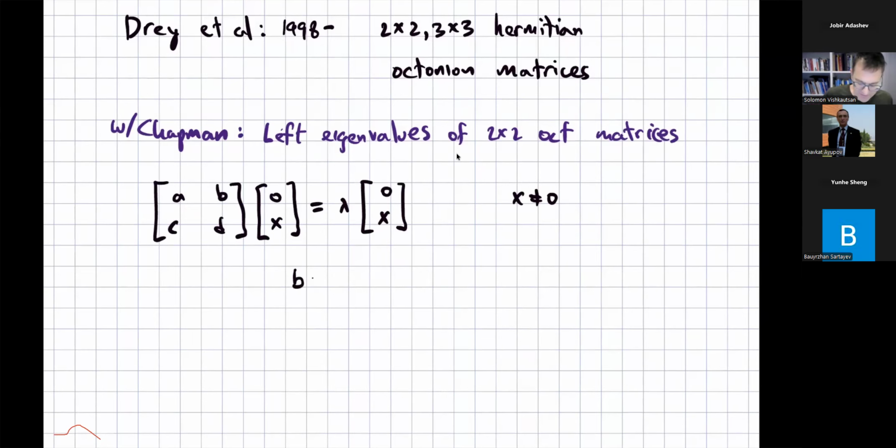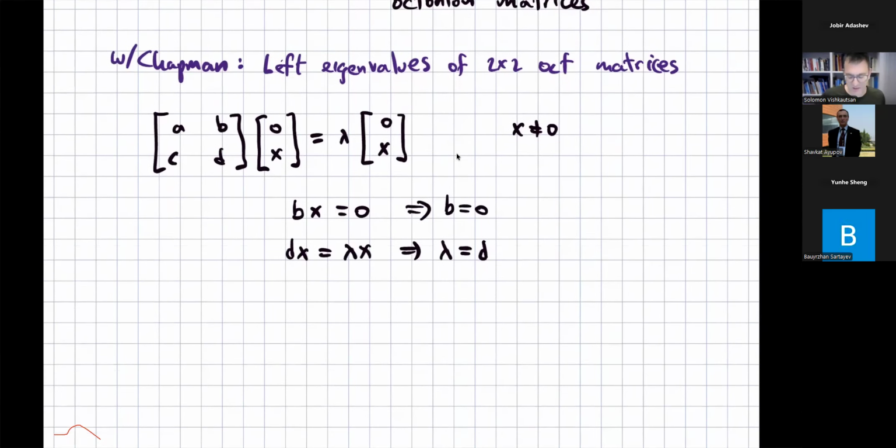And we get very simply bx equals 0, which implies that b equals 0. And the second equation is dx equals lambda x, which means that lambda is equal to d in this case. And of course, we can check that (0, 1), for example, is an eigenvector for the left eigenvalue d.